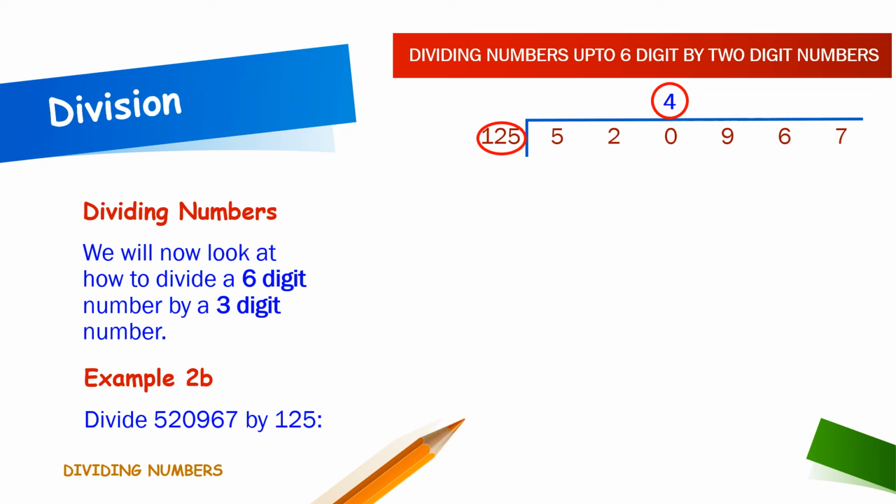Now multiply 125 by 4 to give 500, and put 500 here. Now subtract to give 20. Bring the 9 down.